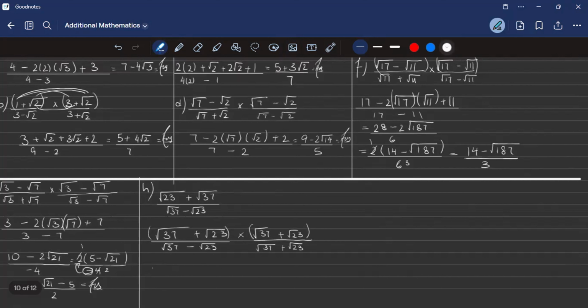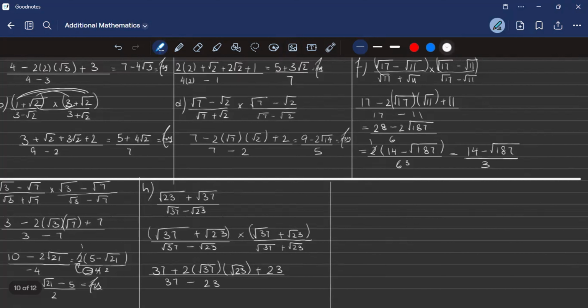It's √37 squared, and that's 37, plus 2 multiplied by a, which is √37, multiplied by b, which is √23, plus b squared, which is √23 squared, and that equals 23, divided by a squared minus b squared. √37 squared is 37, and √23 squared is 23.